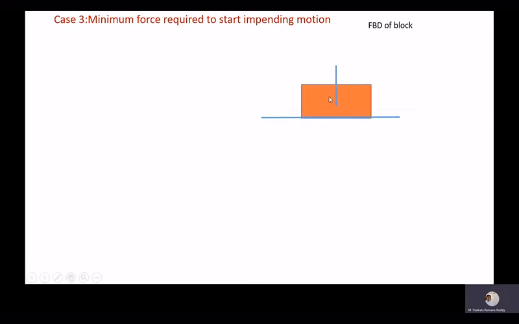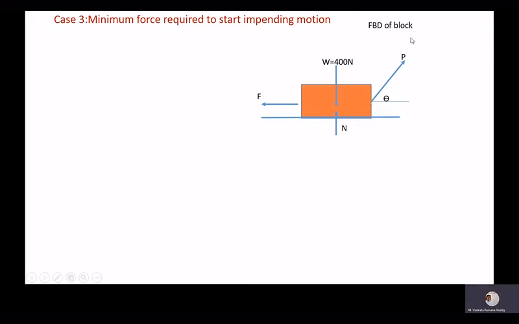As usual, weight always acts down, and normal reaction perpendicular to the surface of the block. And force P is making an angle theta. This P value is to be found out, theta value is also not given. Because of P, the block tends to move right, then frictional force acts in the opposite direction, that is left.